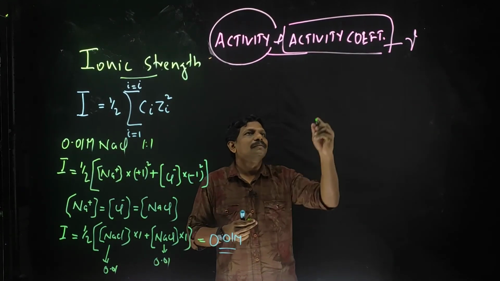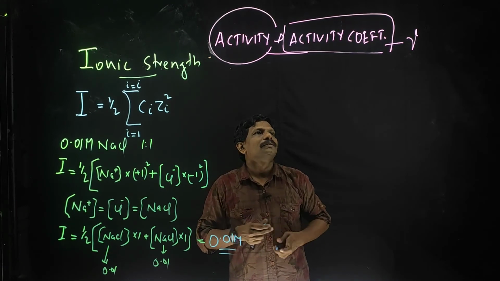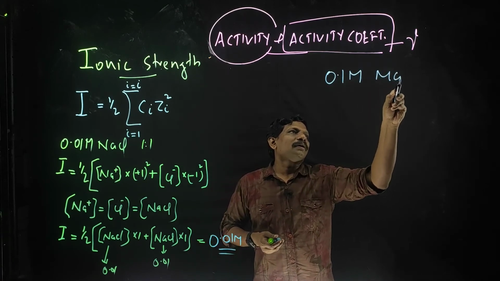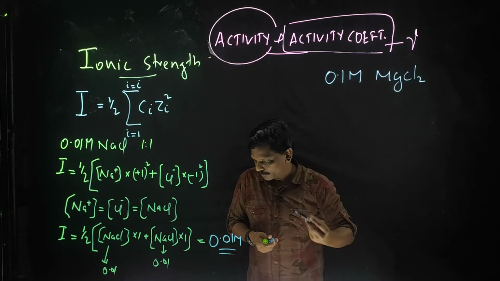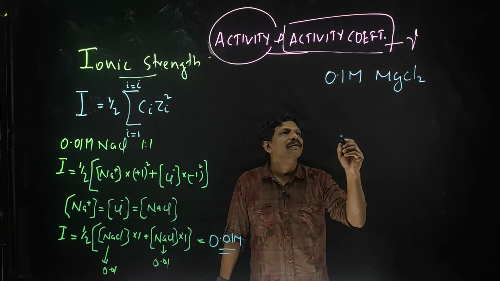I am writing another example, 0.1 molar MgCl2. So how can you write this one?